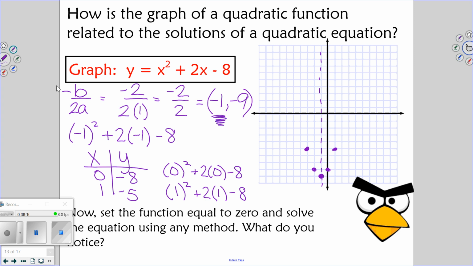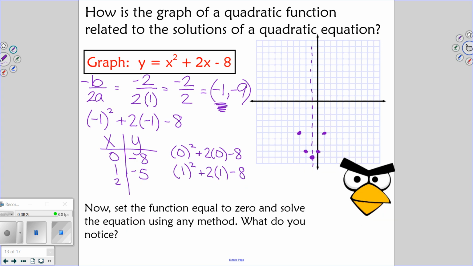Now, just to humor me, because I know what's coming, let's plug in another point. Plug in a 2. What do you get if you plug in a 2? So again, 2 squared plus 2 times 2 minus 8 gives you 0.